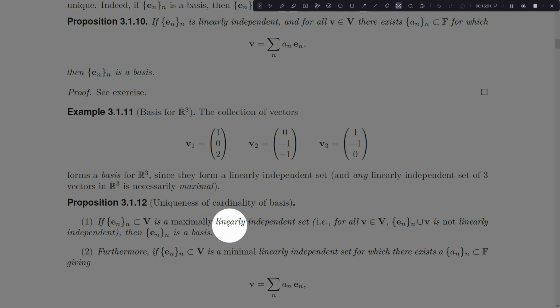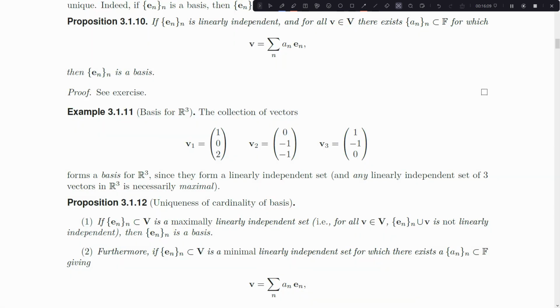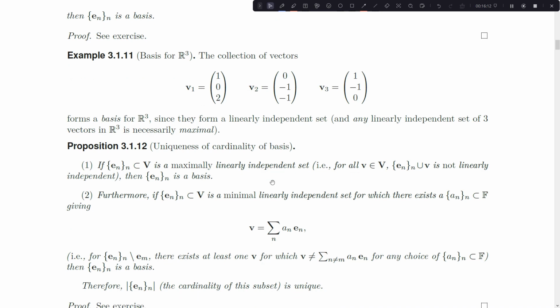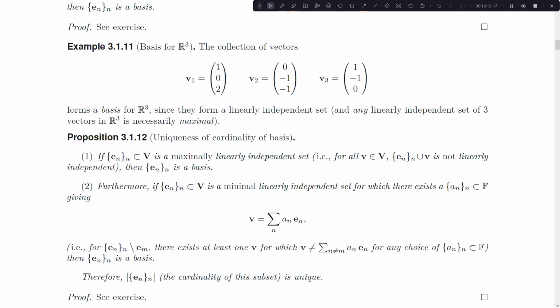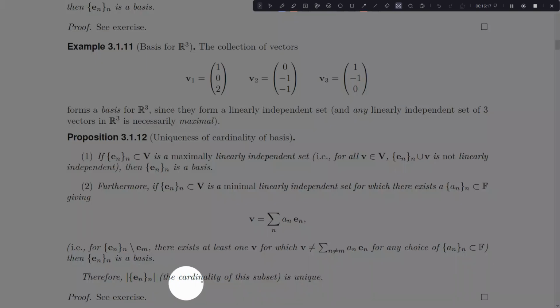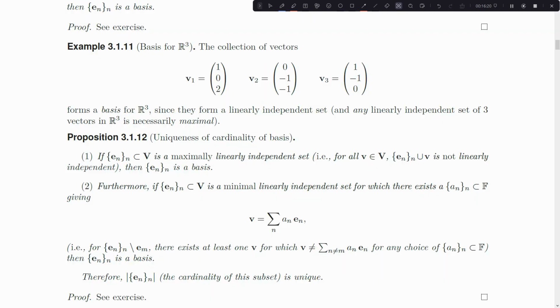So it's maximally linearly independent in the space, and it's also minimally linearly independent so long as it's spanning. And that means the direct corollary of this is, therefore the cardinality of the subset is unique, right? Because if I take one element away, I'm no longer spanning. And if I add one extra element, then I'm no longer linearly independent.